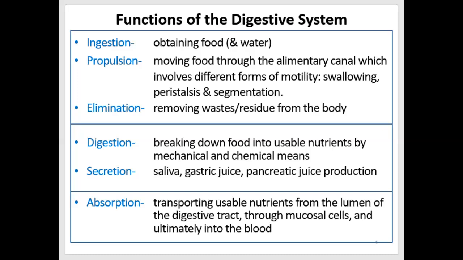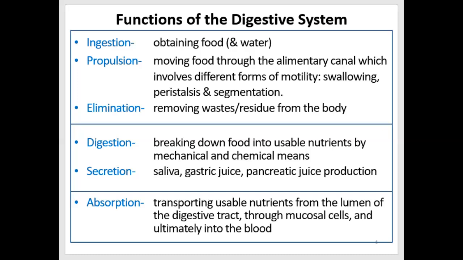The last category of digestive function involves the acquisition of the nutrients, getting the nutrients from the lumen of the small intestine primarily across the wall of the alimentary canal and into the bloodstream. So transporting the usable nutrients in the smallest form that can be absorbed from the lumen through the epithelial lining, through the muscular lining, and ultimately into the bloodstream.